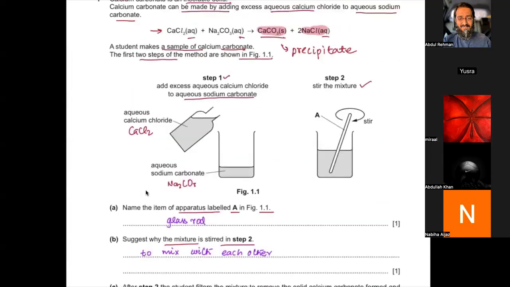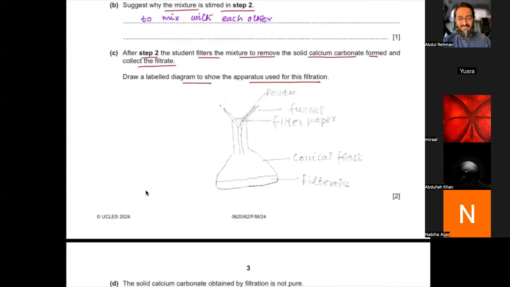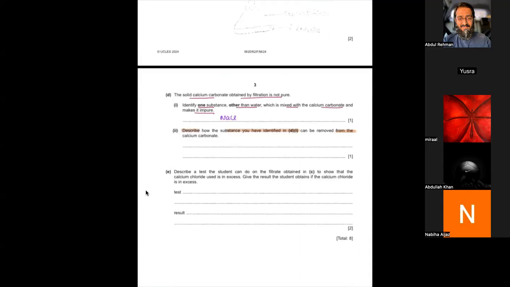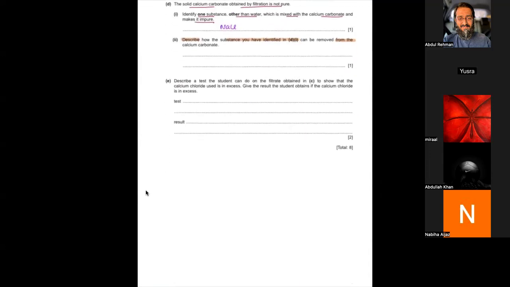Because see, they are saying that sodium chloride is aqueous. So it might contain some traces, and when we add water from the top, what is water going to do? Water is going to take that sodium chloride along with it into the conical flask, and now we are left with only calcium carbonate. Is this clear to all of you? Yes, sir. Okay.